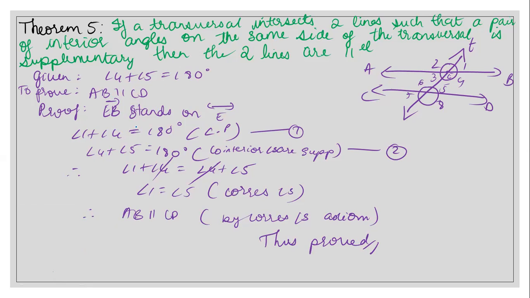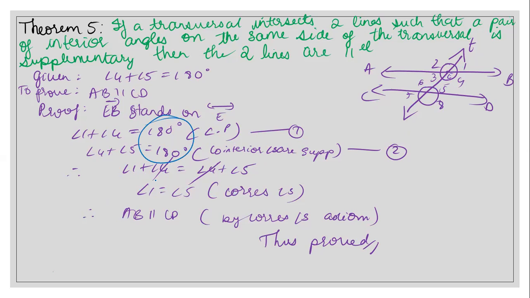So you understood the proof. First we said that EB stands on line E, and I told that angle 1 plus angle 4 is equal to 180 degrees. How? Because it's a linear pair. So let's take that as equation 1. Then we also said that angle 4 plus angle 5 is equal to 180 degrees because co-interior angles are supplementary. Let's take this as equation 2. So angle 1 plus angle 4 is equal to angle 4 plus angle 5. How did I equate it? Because the RHS is equal to each other.